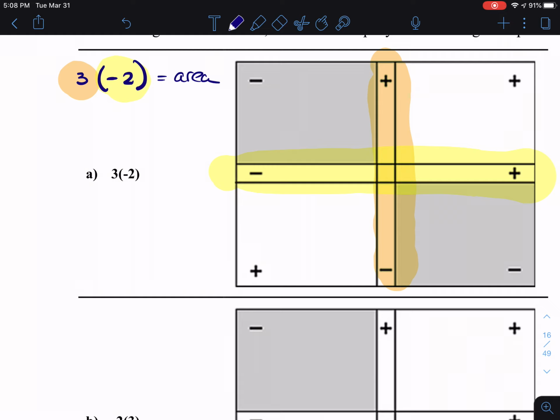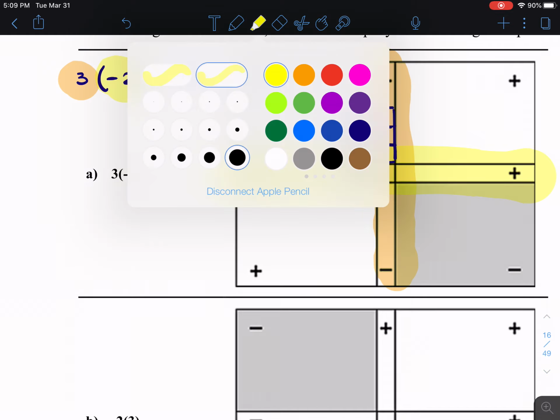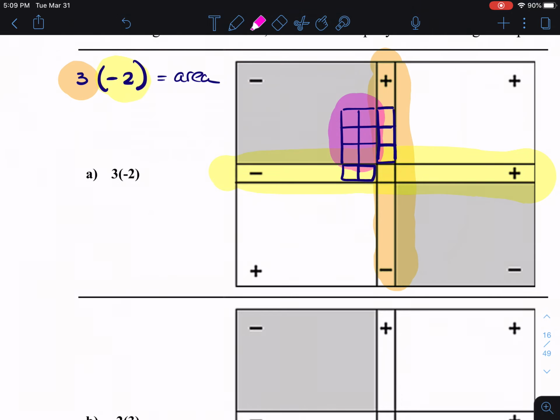When we were looking at 3, it's going to be 3 on the vertical and -2 on the horizontal, and the area is going to be the area of that rectangle that results from those two dimensions. And if we want to make sure that everything lines up, then the area here is going to be our product, and that is 6 in the negative. So this is going to be -6.